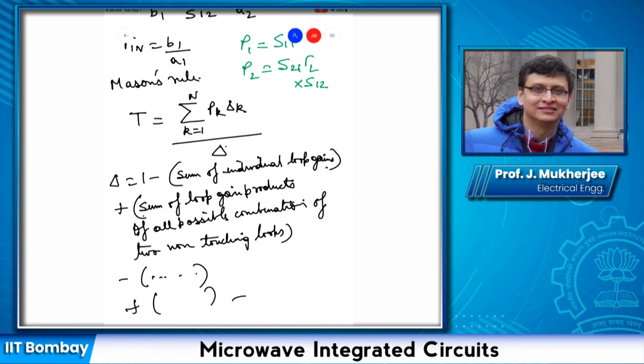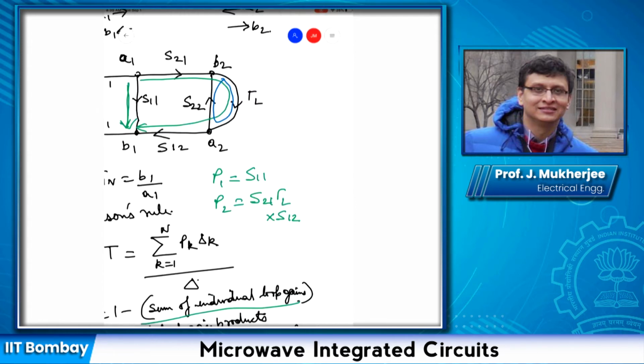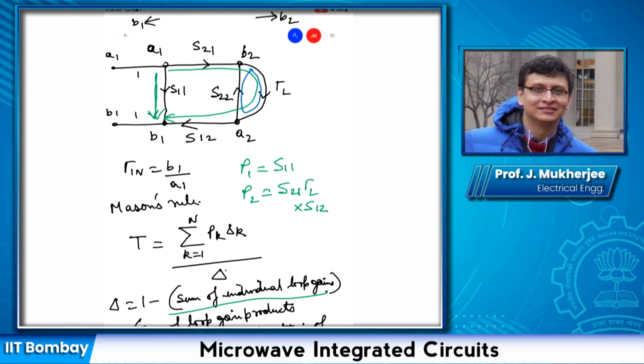Sum of all individual loop gains. So first we identify all the loops and then sum the loop gains. So for example, the loop gain of this loop is gamma L S22.